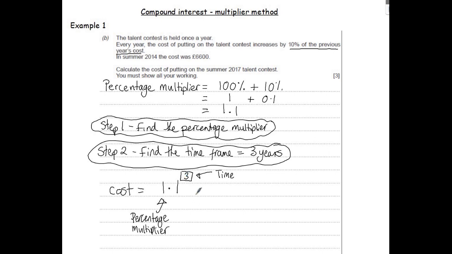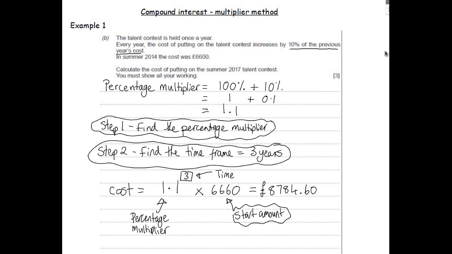And then we times that by the amount it was at the beginning, the original amount, the start amount. That is how you can find the cost using percentage multiplier. If you type that into your calculator, what you will get is £8,784.60.